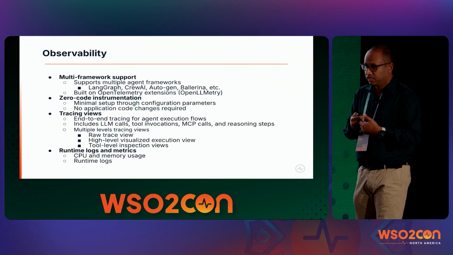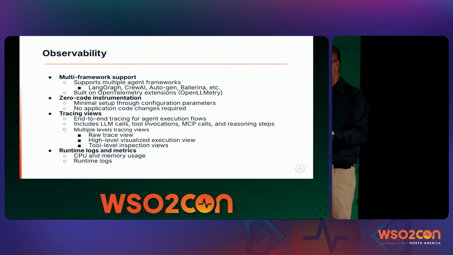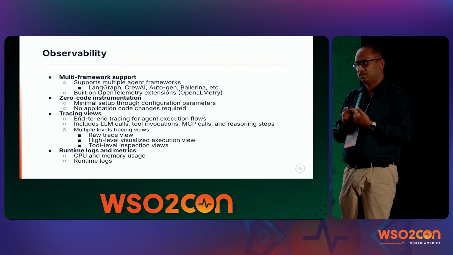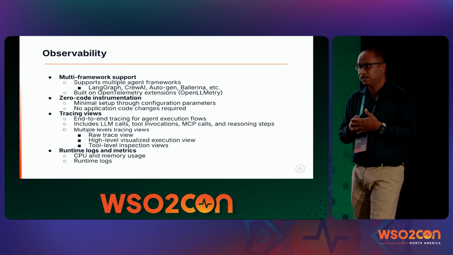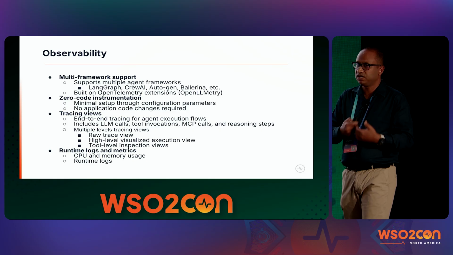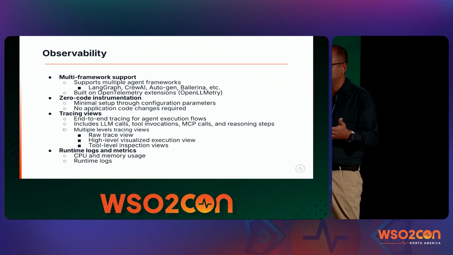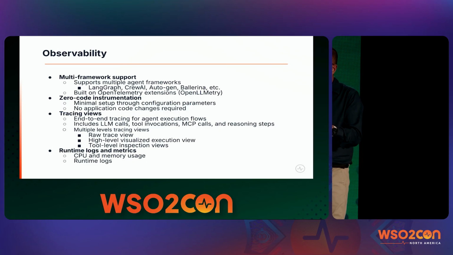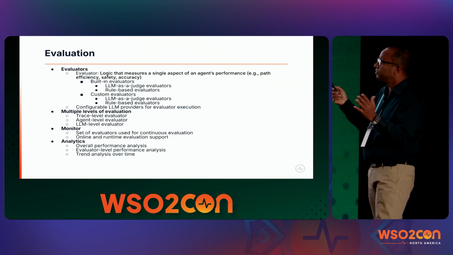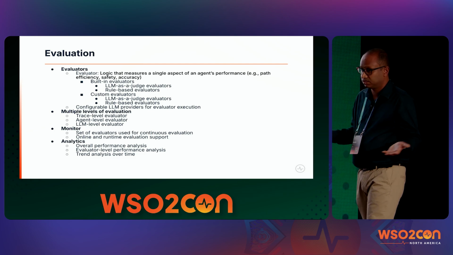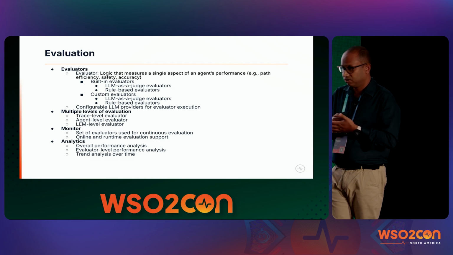Then under that there are multiple views. Nadheesh will show you. We have different levels of view. We have the complete raw view, and then we have summarized views that will let you debug agents and so on. Under evaluation, this is something where we've done a lot of work.